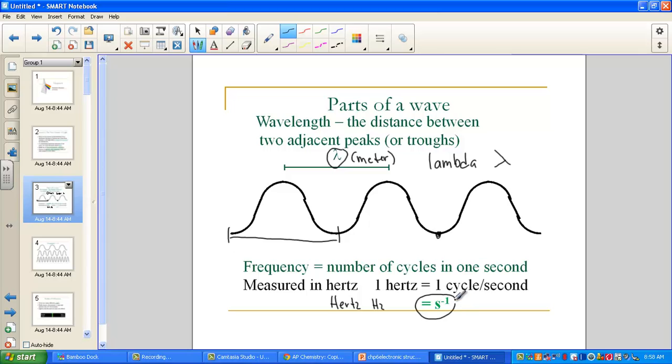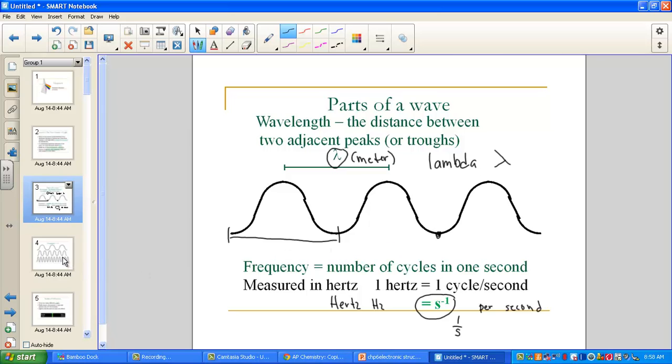More commonly, you might see the hertz written as per second. Notice what we've done: second raised to the -1 is the same as writing 1 over second. How many cycles per second is defined as a hertz.